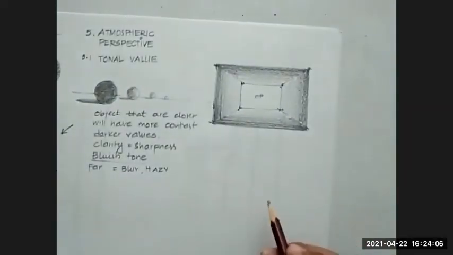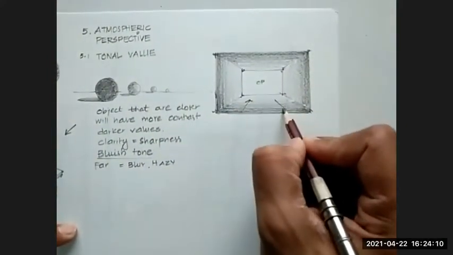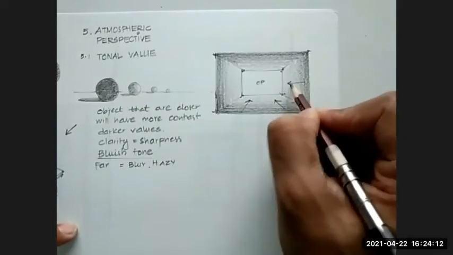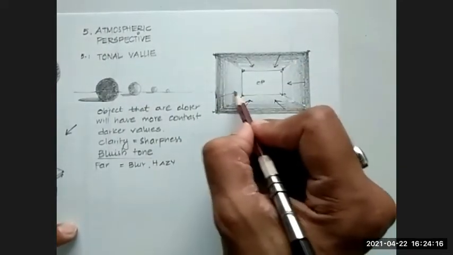Yeah, you can see that impact now. There is a gradation happening in this direction on all the surfaces. So this maturity you can get while you are rendering, while you are shading it.